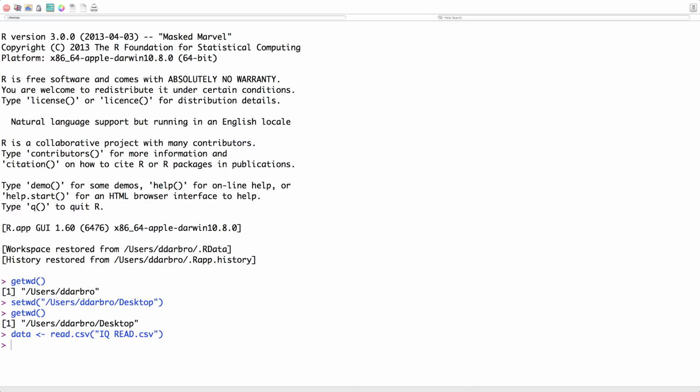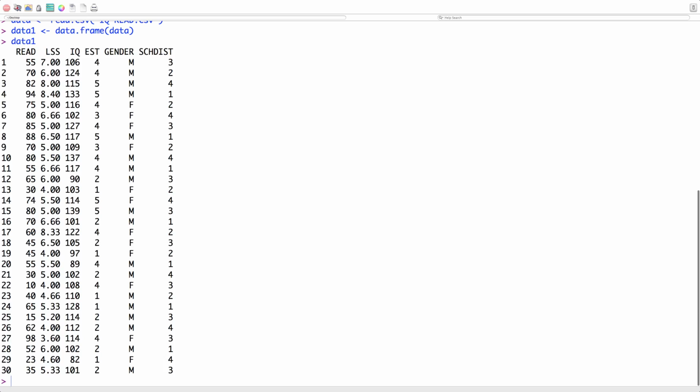Now I want to do data 1, and I want to make a data frame for the data. So the data that I want to use here is going to be data 1.